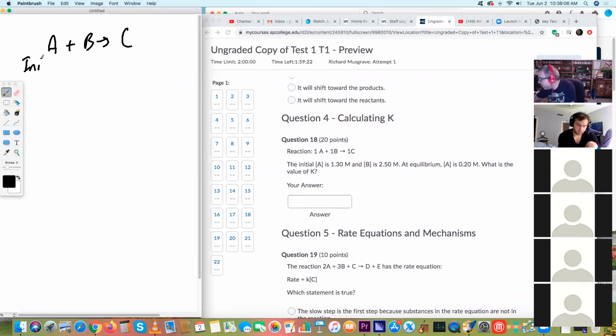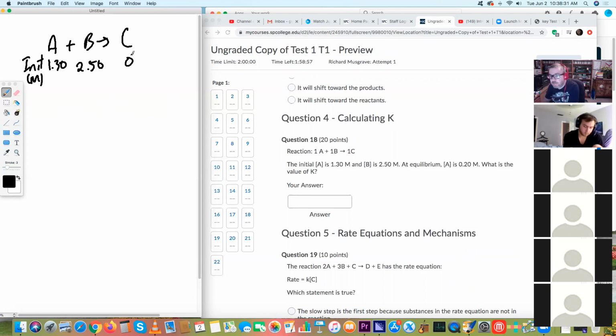So initial is going to be 1.30 for A, and that's in molar. And we've got 2.50 for B. And you can assume that 0 is going to be C, right? We're assuming that all we have in solution initially is going to be A and B, which are the reactants.